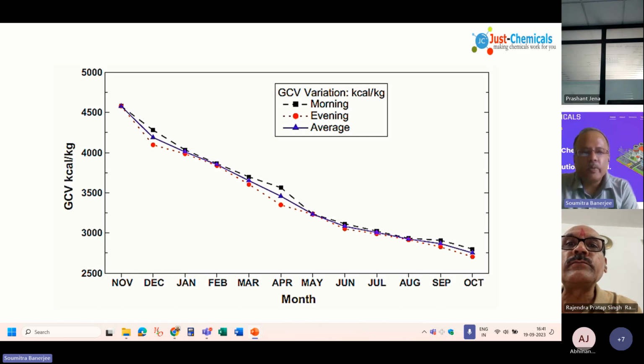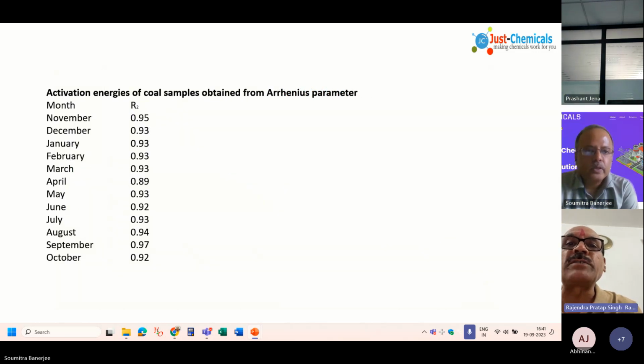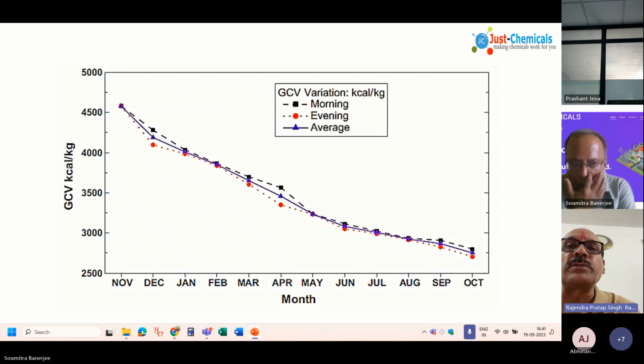So you can understand how much loss you are making because of the longer storage time. In the first month itself, November to December, it has dropped around 3%, or more than that.